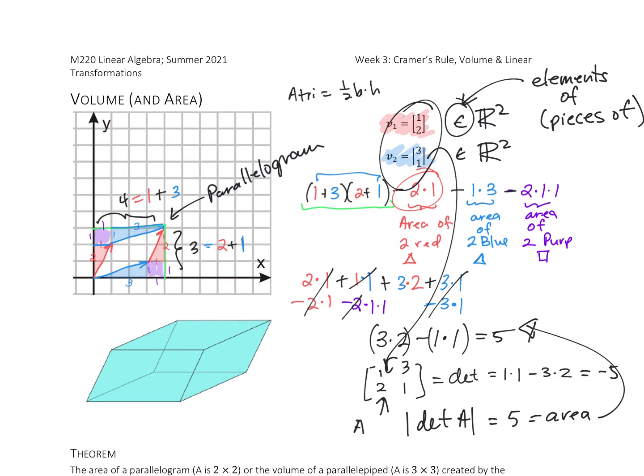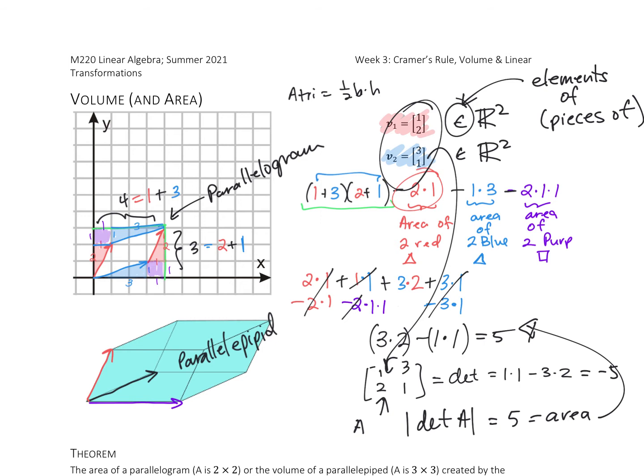In 3 dimensions, if I have 3 vectors in 3 dimensions, I end up with something called a parallelepiped. This parallelepiped always reminds me of those pink erasers, right?